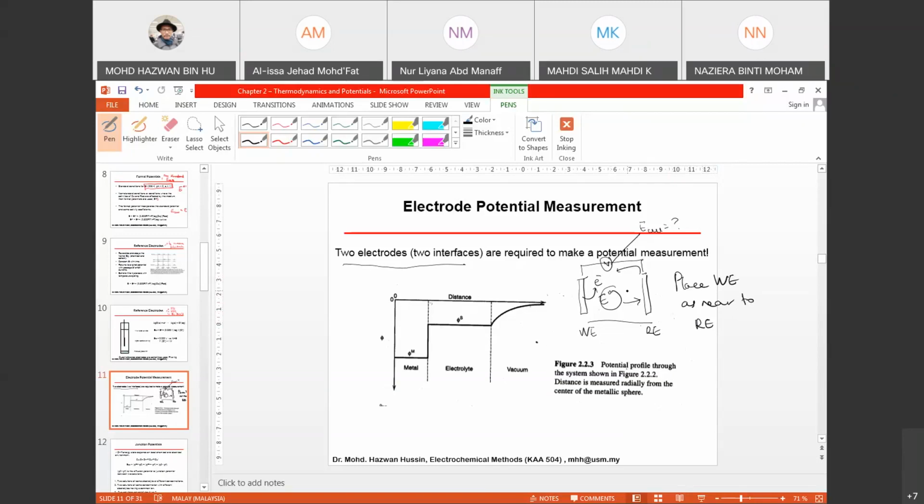If we put it almost near the reference electrode, then this results in a smaller distance, and the charge transfer or the mass transfer in the electrode can occur fast as well.